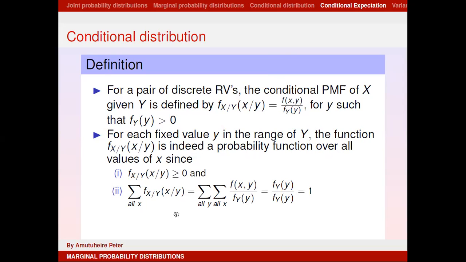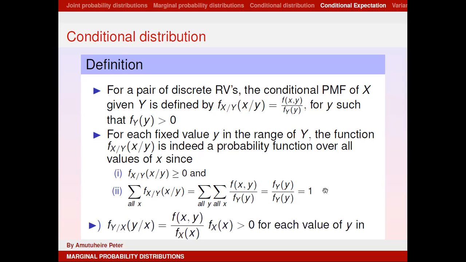Taking this sum over all x is the same as taking the sum over all y, all x, of this, and when we sum this one over all x, we get the f of y, and then we get 1. So it means it is a probability function.